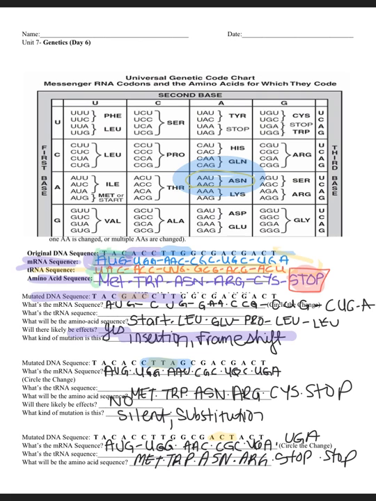So here's where we see the mutation insurance in play. For that specific mutation, it still works and it'll still code for the same exact protein. So in this case, there will not be any likely effects, and this mutation is silent and it's a substitution.